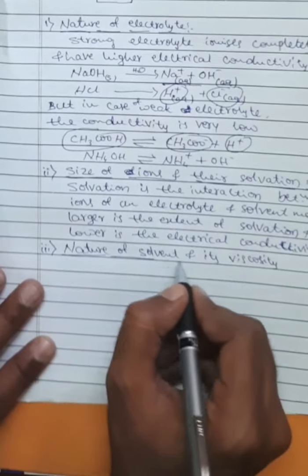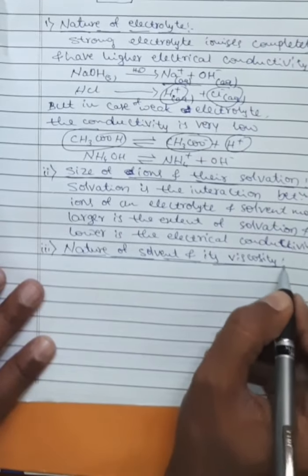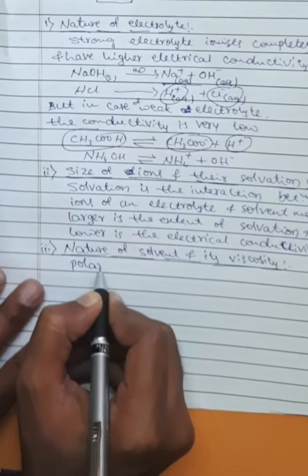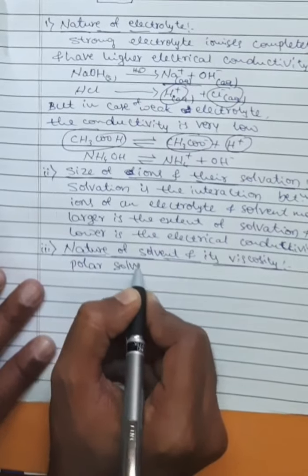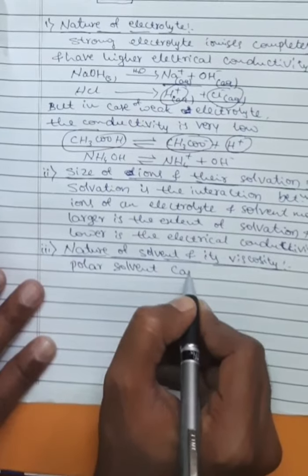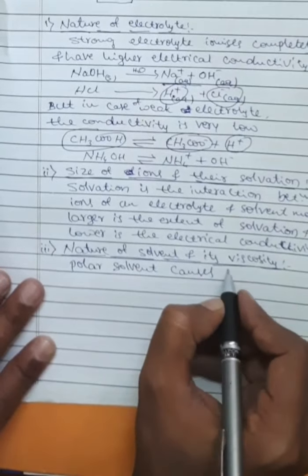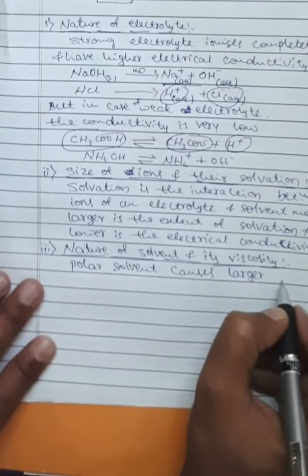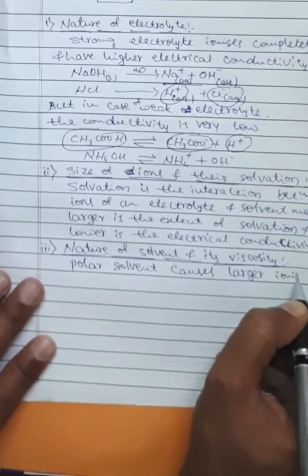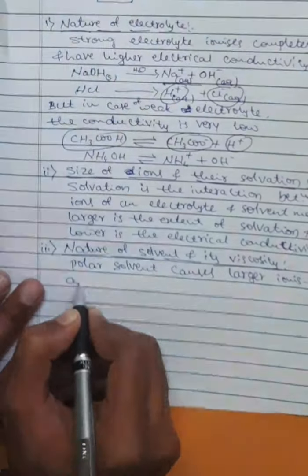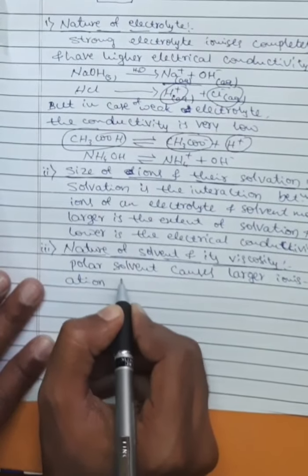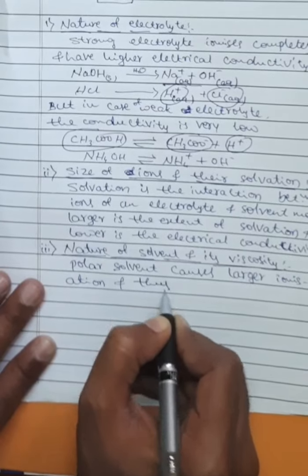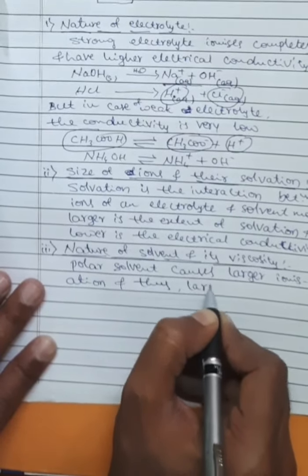You know that polar solvents cause larger ionization, and thus larger electrical conductivity.